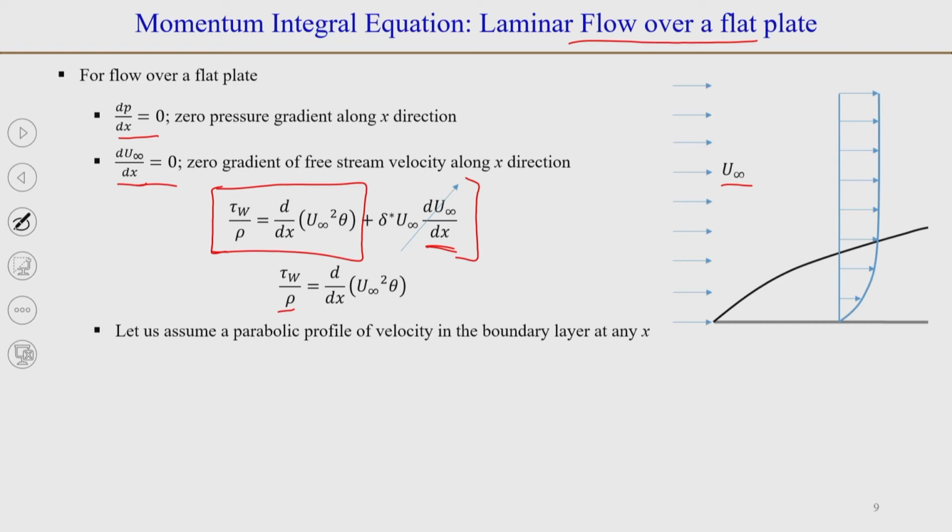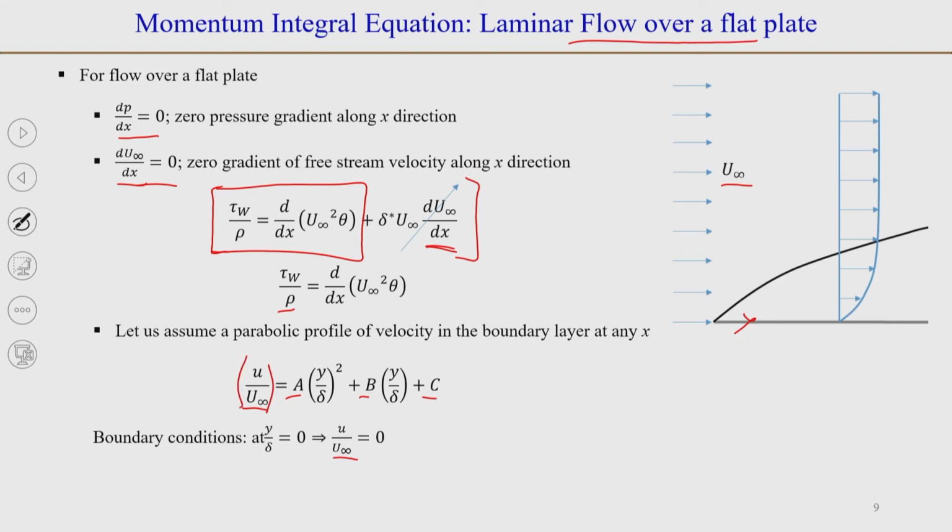Now, as I said, we can assume that the velocity profile is parabolic. So, we can assume a quadratic equation here, where we have 3 constants a, b and c. We can find these constants using boundary conditions. We have written this in non-dimensional form: u by u infinity is equal to a times y by delta squared plus b times y by delta plus c.